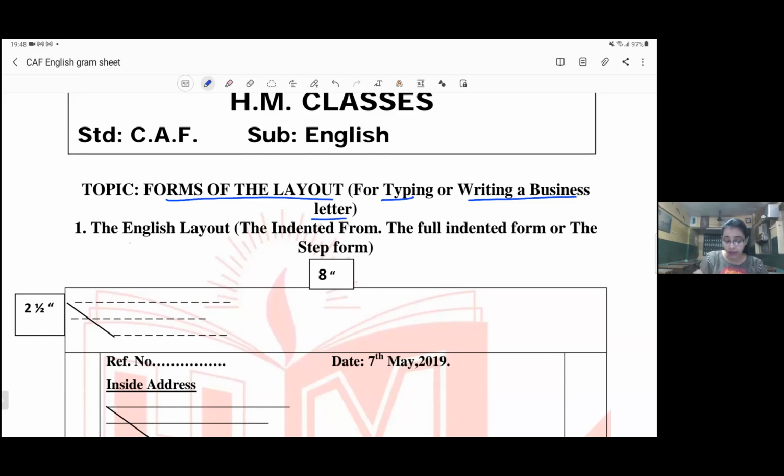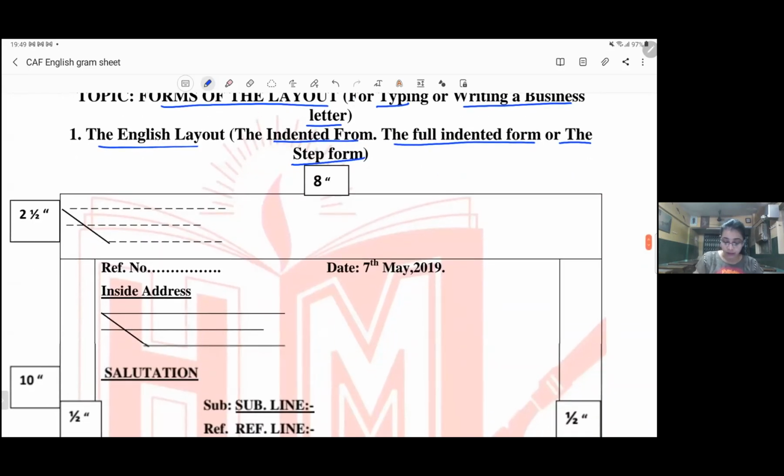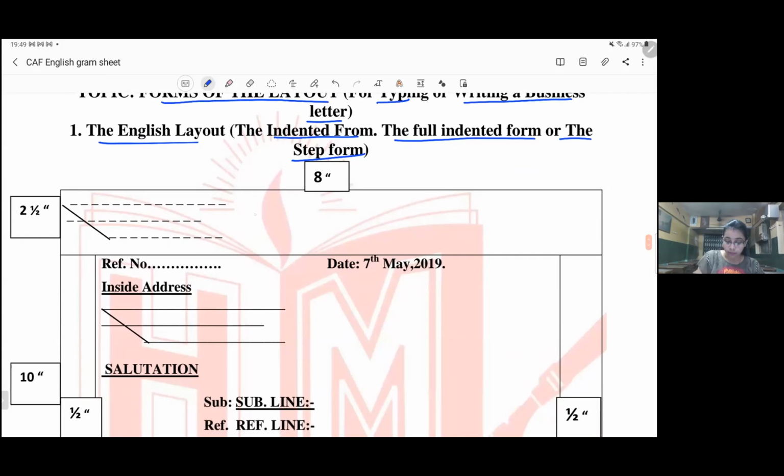Now, the English layout. This is the English layout. The indented form, or you can say the full indented form, or the step form. Now, see this. This will be your whose address?